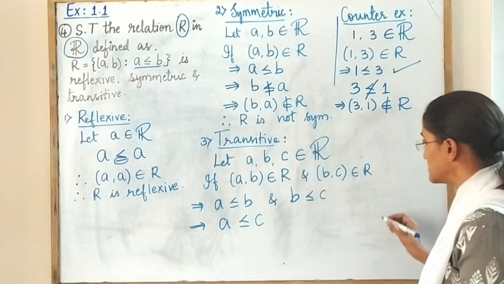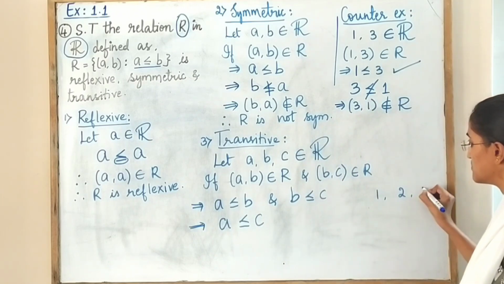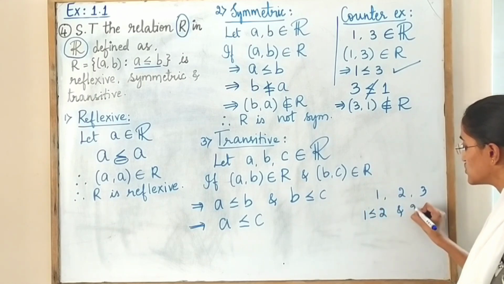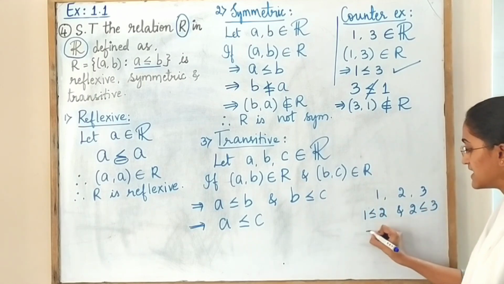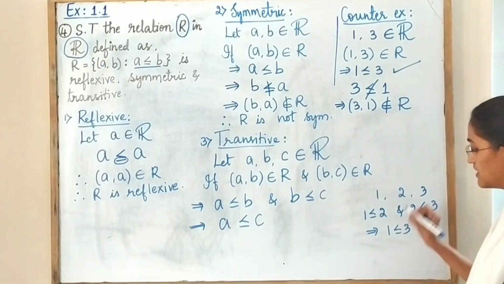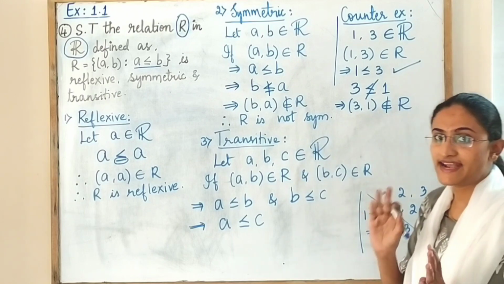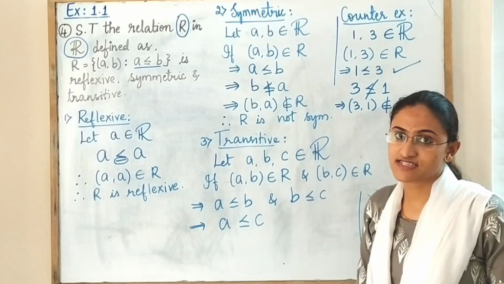You can check with a simple example. If I am taking 3 numbers 1, 2, 3, 1 is less than or equal to 2 and 2 is less than or equal to 3, and that implies that 1 is also less than or equal to 3. You need not write this example. It is enough if you are generalizing the statement.